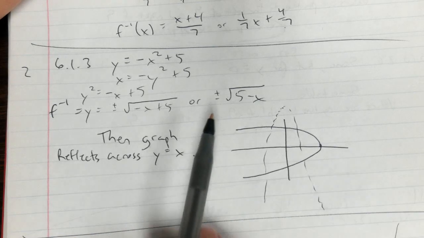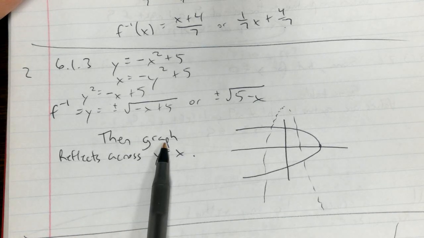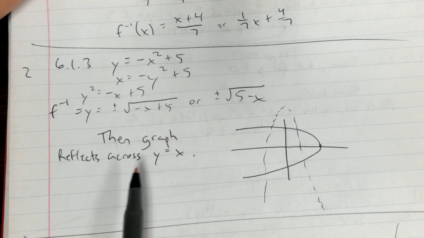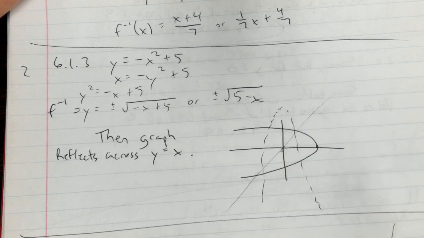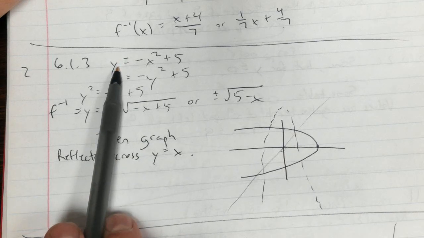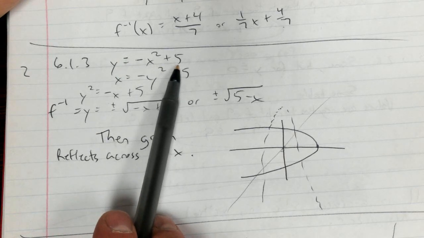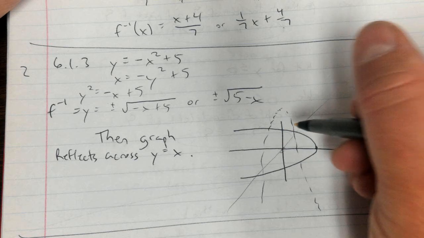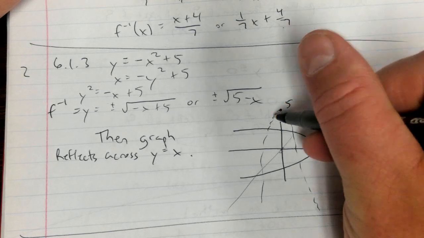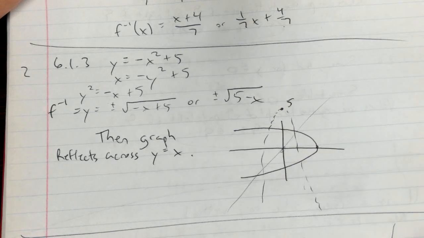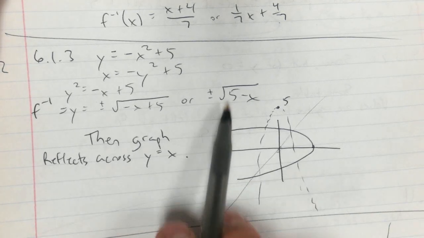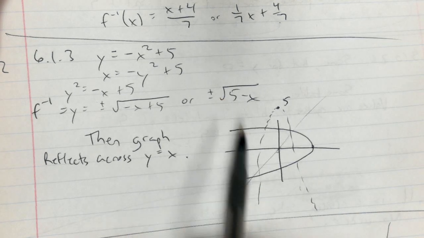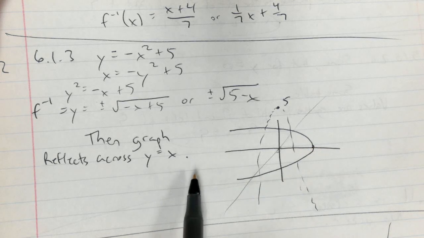The next step is to graph it, and then notice that it reflects across y equals x. So the original one is y equals negative x squared plus 5, so you basically go up to where 5 is and then do a parabola that opens down. And when you're graphing the inverse, you go to where the 5 is and make it left.